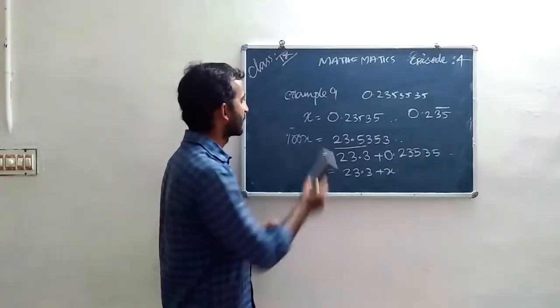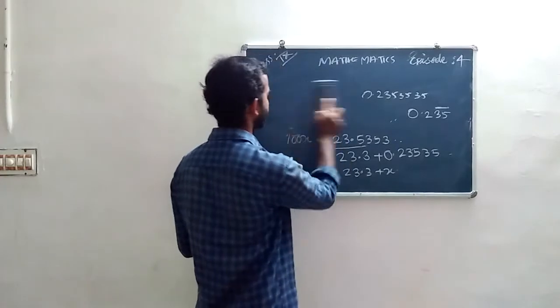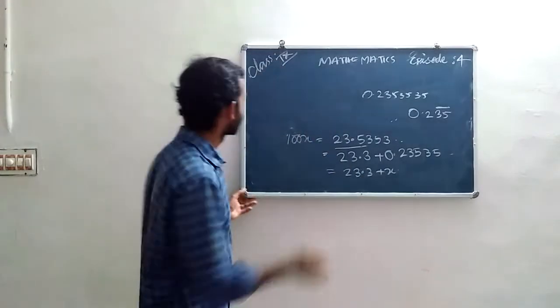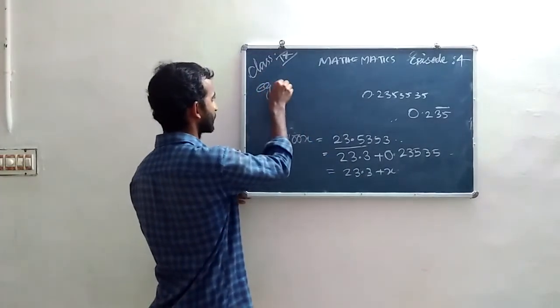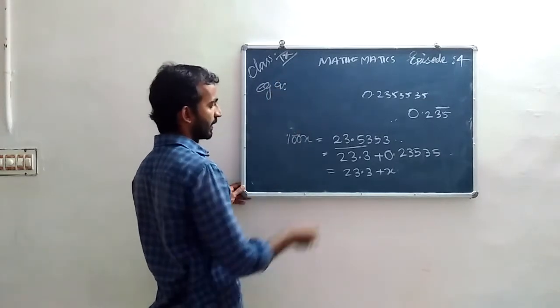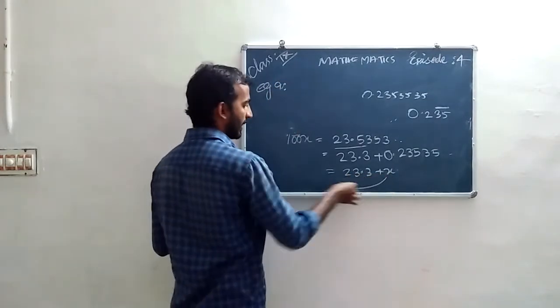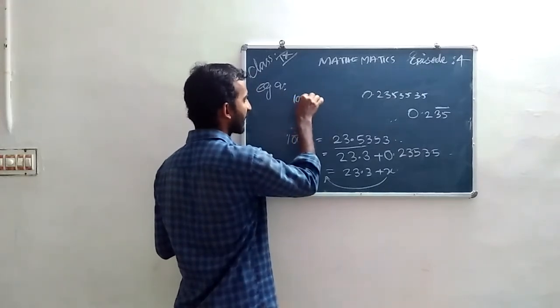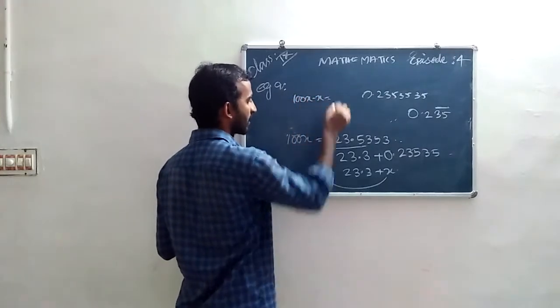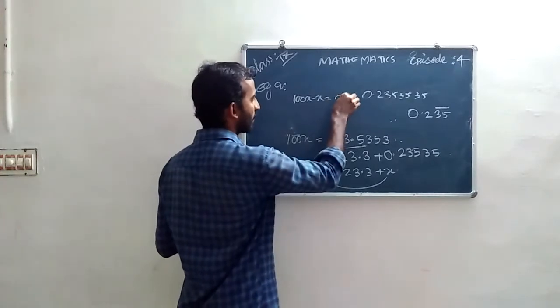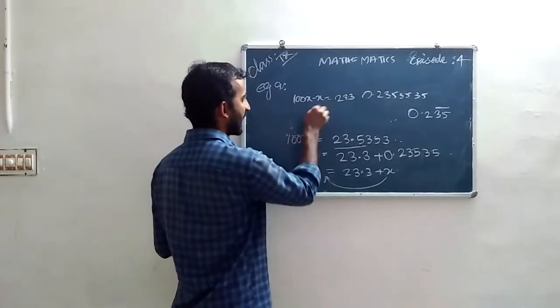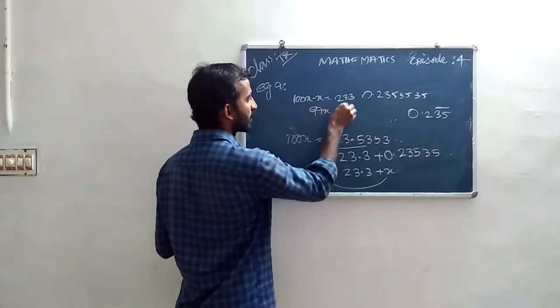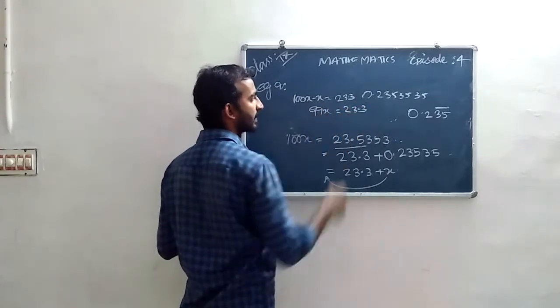Next step. When x moves to the left side, we can write 100x minus x equal to 23.3. That is 99x equal to 23.3.